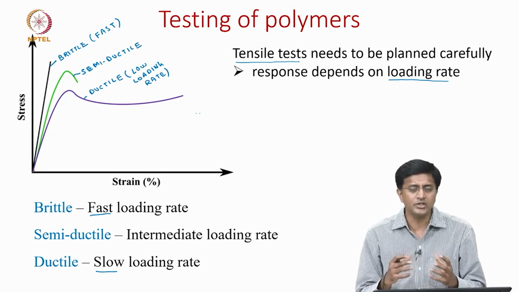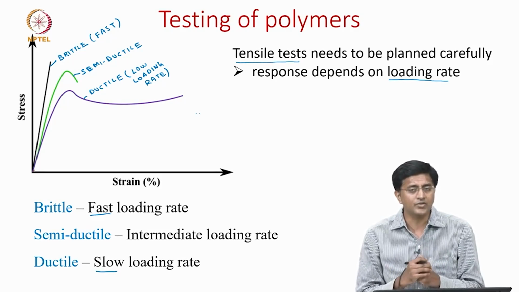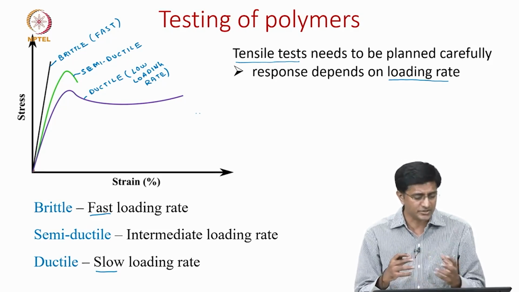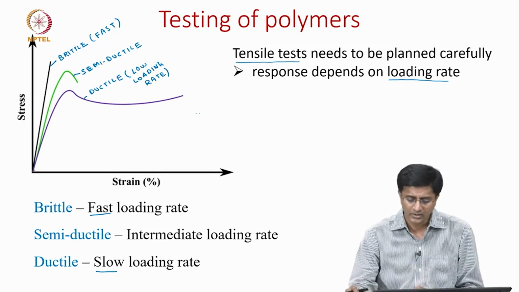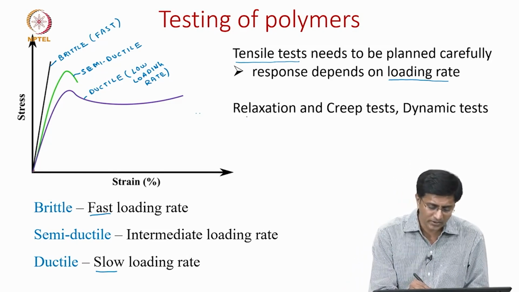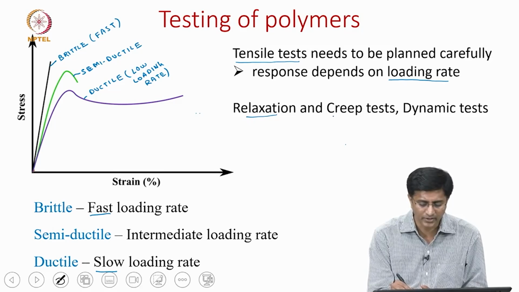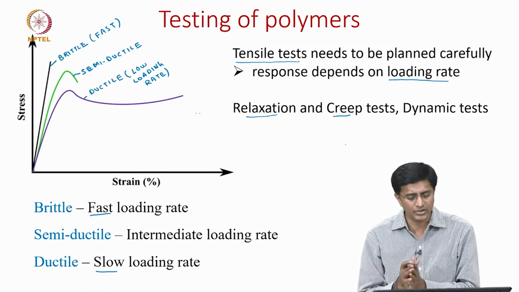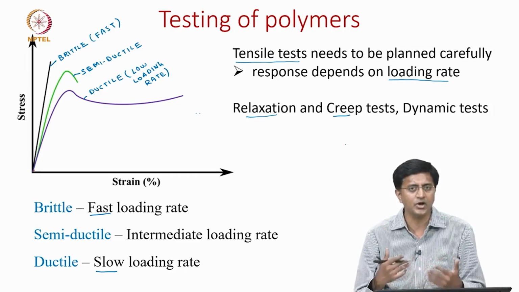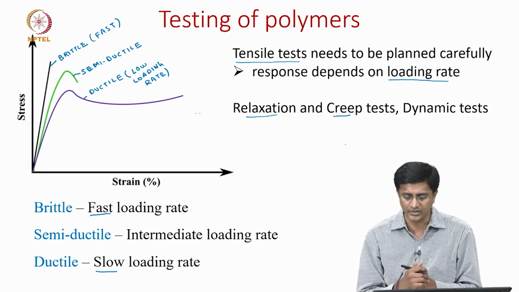So, instead of doing these uniaxial tests, what kind of test should we do for polymers such that we can capture this time dependency well? For that, usually people do either the relaxation test or a creep test. We will go into greater detail about the relaxation and creep tests and see how the responses are different.